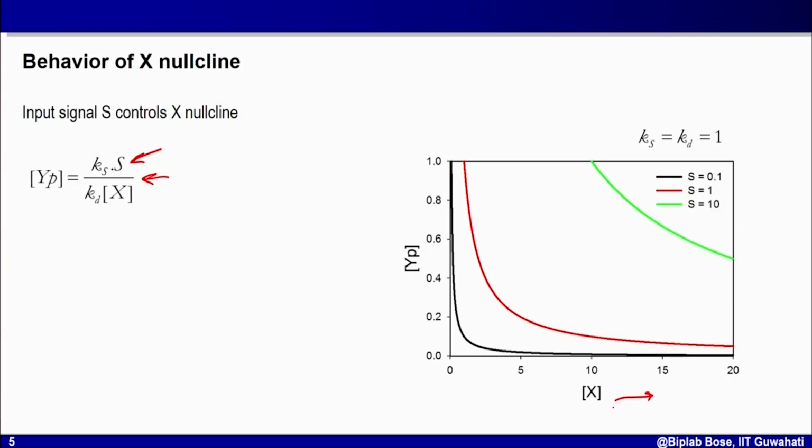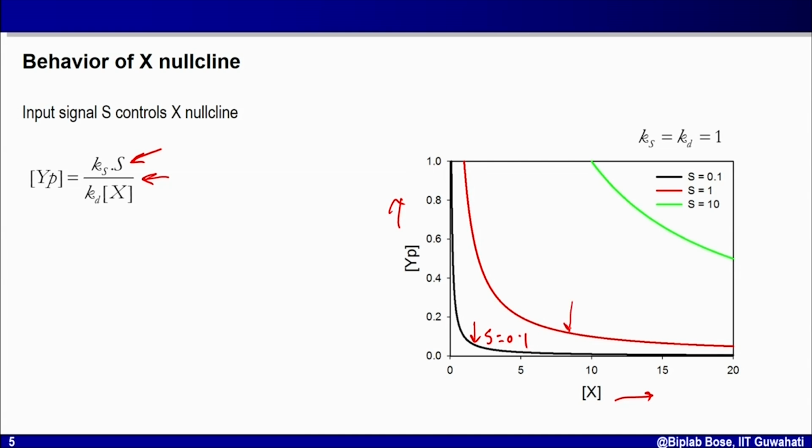So if I draw the nullclines in the phase plane, X versus YP, then as I change S, I can see the hyperbola keeps on shifting towards the upper right corner. For this black one, S is equal to 0.1.